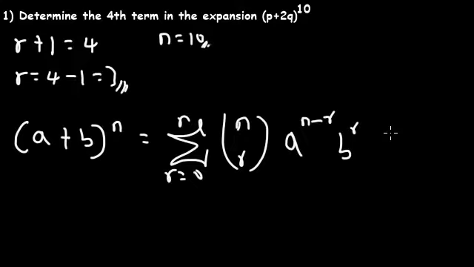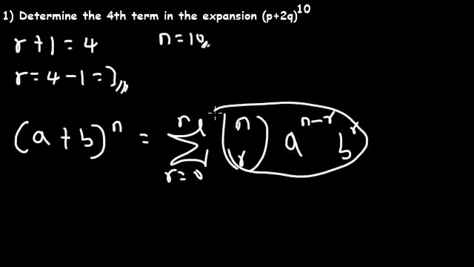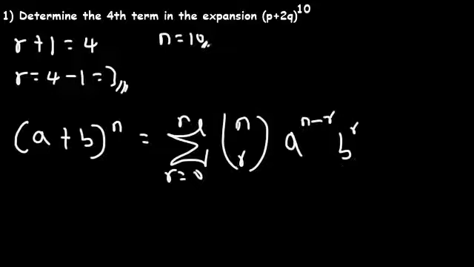Now, the fourth term of this expansion will be when r is 3 and n is 10. So just plug it right into this value and get the fourth term, and that provides the answer to this example number 1. So in a case whereby you are asked to find a certain term, that will be your approach and that will be your steps.